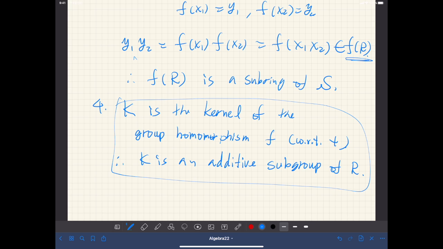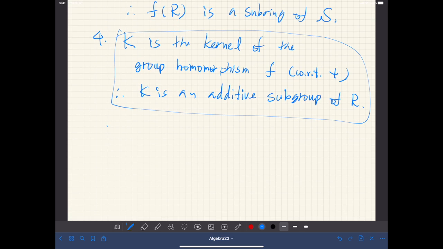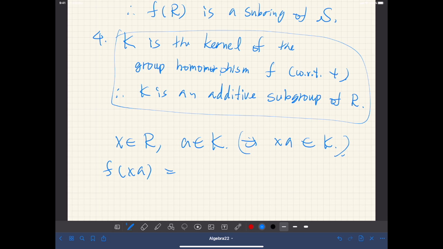And then we show that for any element x of R and any element a of K, xa is an element of K. So we want to show this. f of xa, since f is a ring homomorphism, is f of x times f of a.